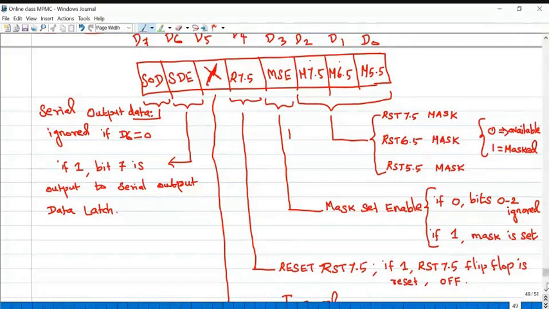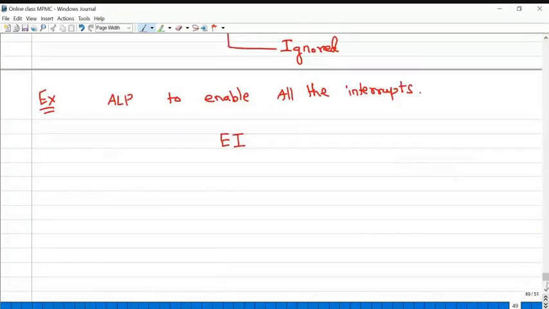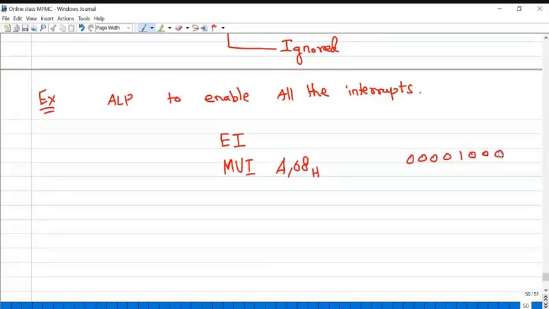So before executing the SIM instruction, we load the accumulator: MVI A, 08. 08 means 000 in binary and 1 in the D3 position; this is the equivalent binary number, D0, D1, D2, D3.